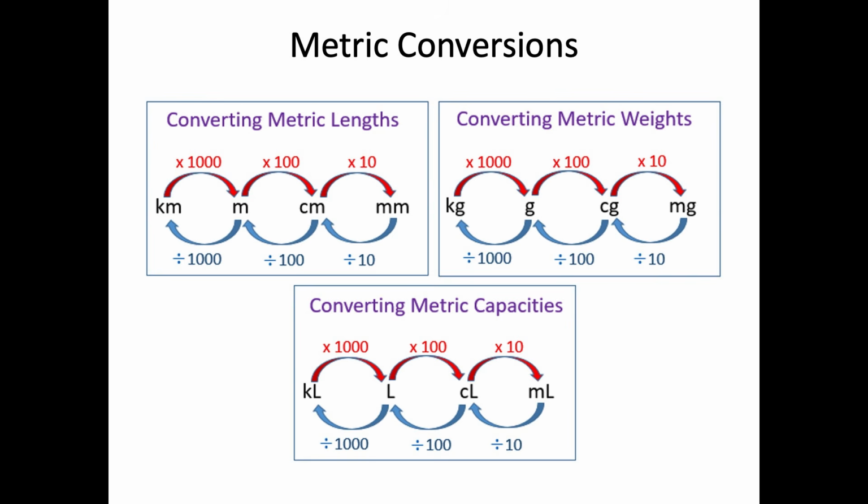This slide reminds you how to numerically convert between units within the same system. So within the metric system, if we look at converting metric lengths, if we start with the standard of a meter, if we want to go from a meter to a kilometer, which is larger, you essentially have to divide. So if you look at the blue arrows, to go up, you divide. But when you start at a higher value, so if we start at meters and we want to go the opposite direction to centimeters, then we multiply by the number of fold increase.